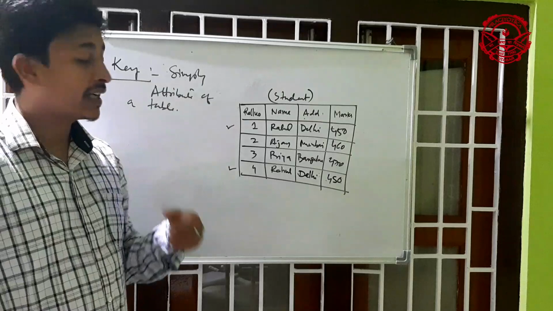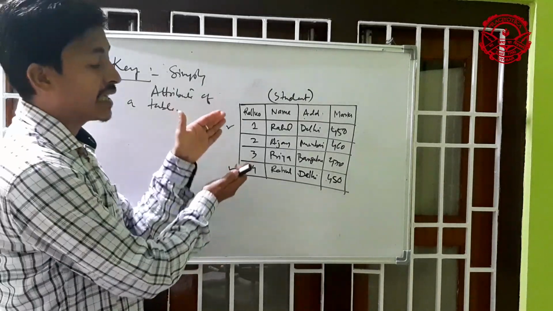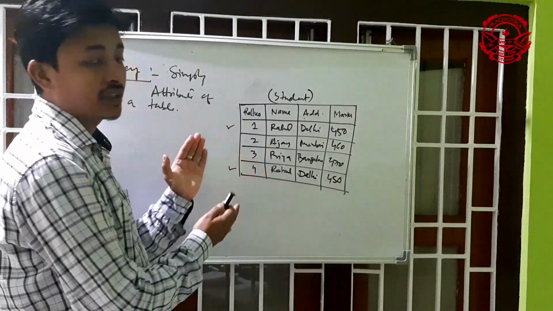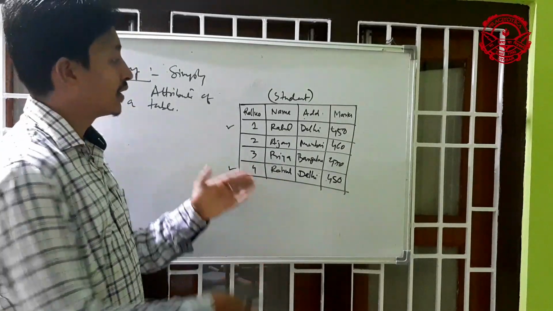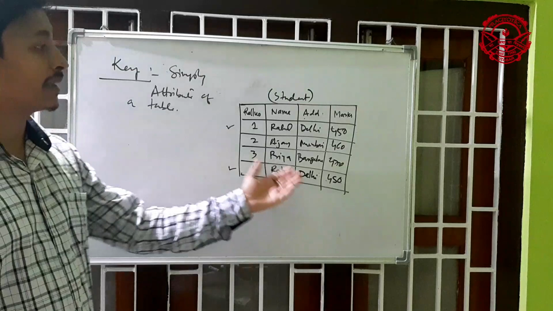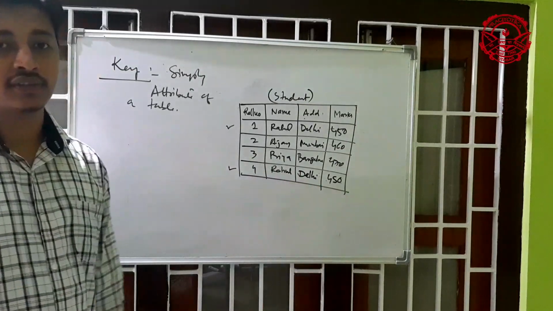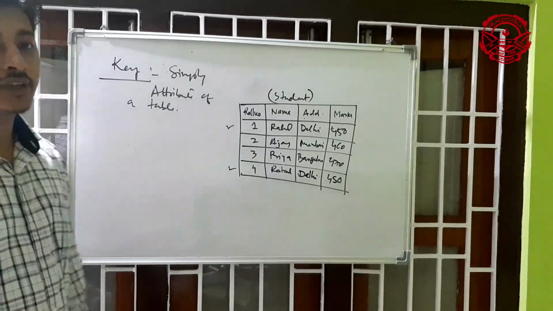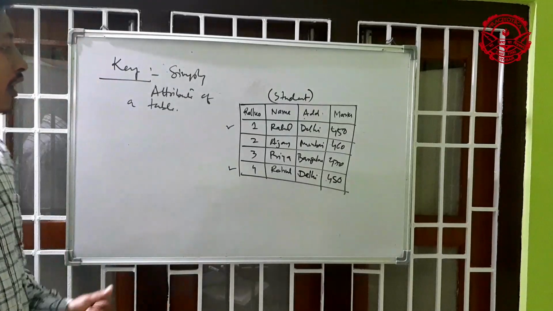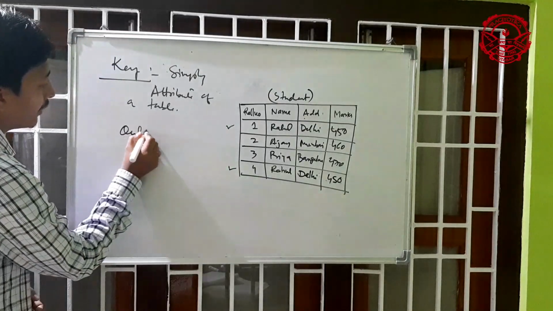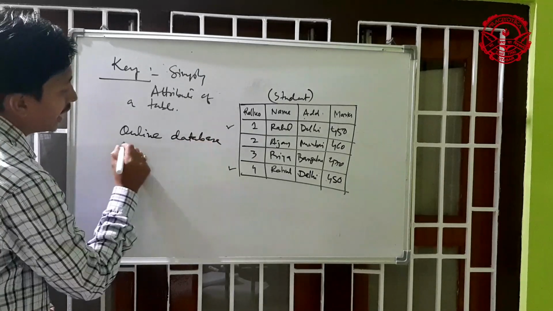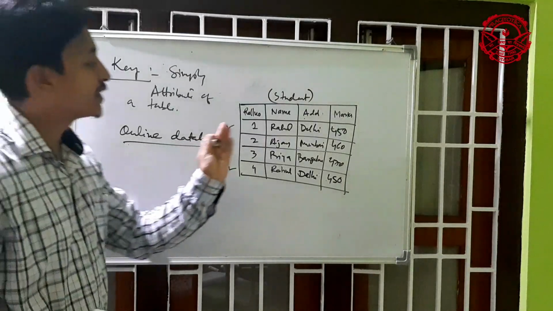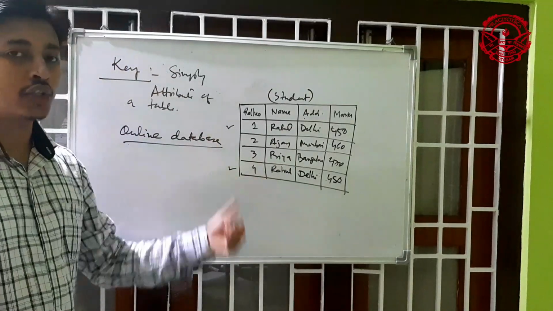It may happen that sometimes the same student's information is inserted twice in a table, or maybe by coincidence these two students have the same name, same address, and same marks. So it is very difficult to identify. When I am using an online database, it is very difficult to identify whether these two pieces of information are the same or not.